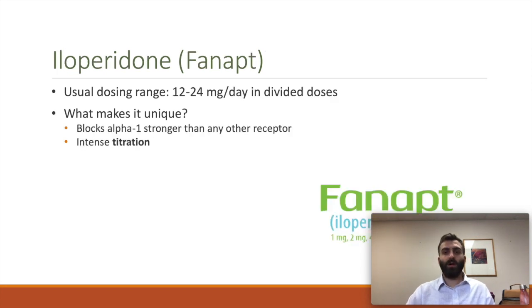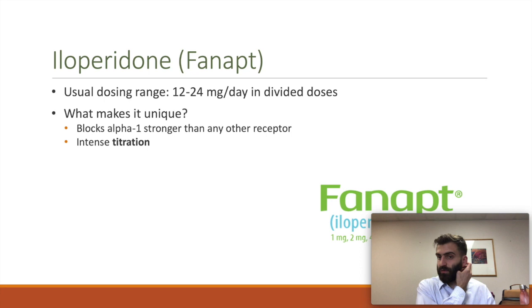Next is iloperidone or Fanapt. This blocks alpha-1 more than any other receptor, so more than D2, more than 5-HT2A. So it can have some blood pressure effects. It can cause some dizziness and things like that. It's not really used all that commonly. I can't think of the last time I've seen it because it has an intense titration.